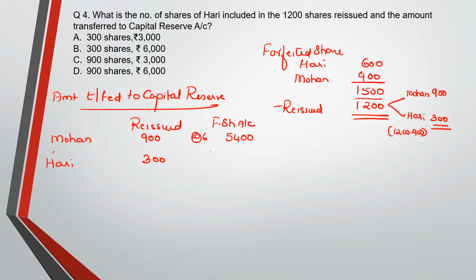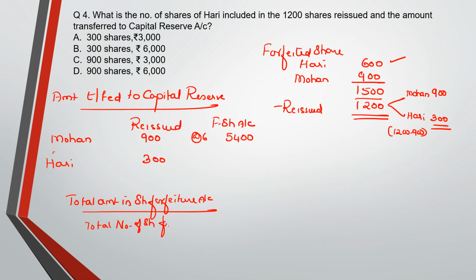Now in respect of Hari, the problem is 600 shares were forfeited but only 300 reissued. So now here we have to find out the proportionate amount which we have to transfer. So for that we'll use the formula: total amount which is there in the share forfeiture account, divided by the total number of shares forfeited, multiplied by the shares which have been reissued.